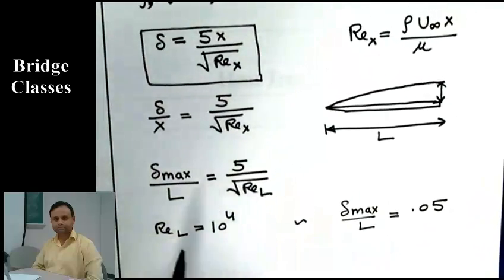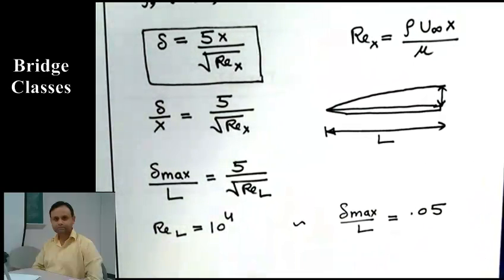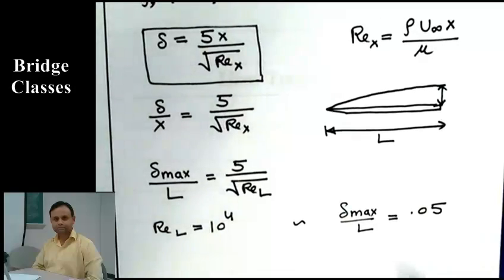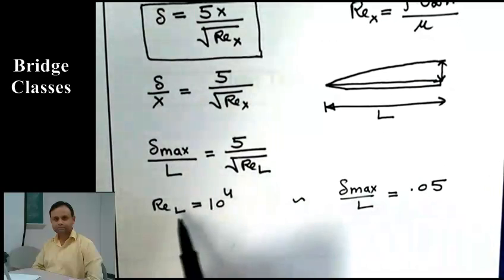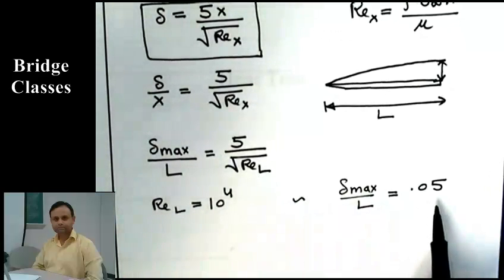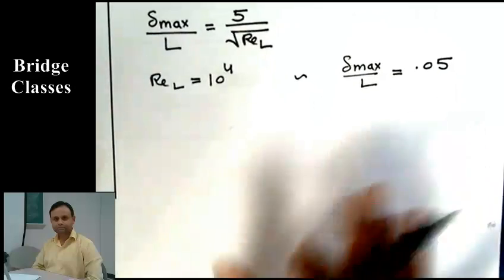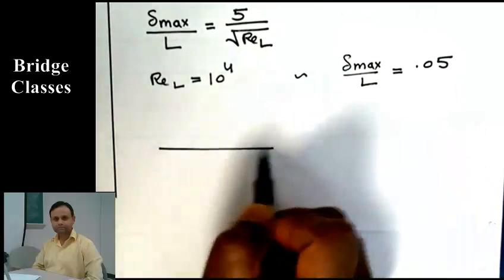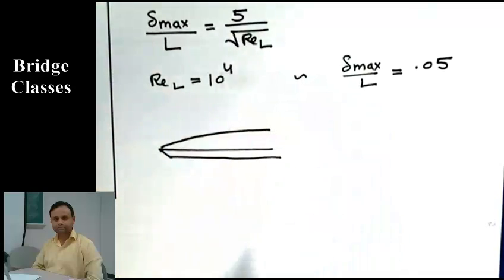It's fine because the boundary layer equations are based on the assumption that the boundary layer is thin. So eventually you want to see when the boundary layer is thin. If Reynolds number is high, like the number 10 to the 4 I gave, then the maximum boundary layer thickness is 5% of the length of the plate, so it is thin. Now it is fine that you say the boundary layer is like this.